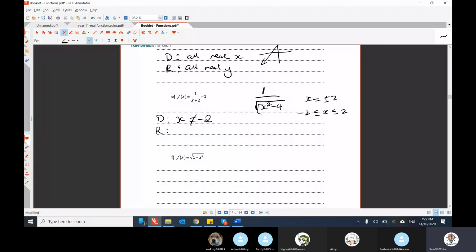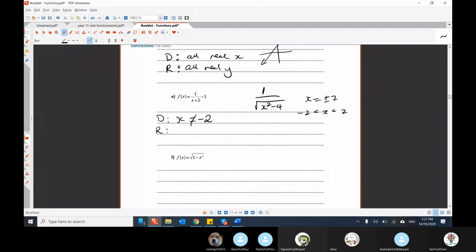You can probably see that's a circle or a semicircle, but we don't want to get into that too much. That's why I rubbed out the equal to. Same reason here, it can't be 0 on the bottom. So similar concepts for you to remember: the bottom can't be 0.